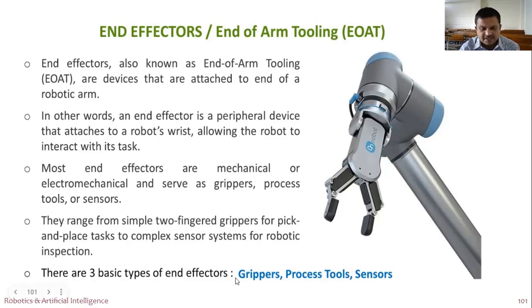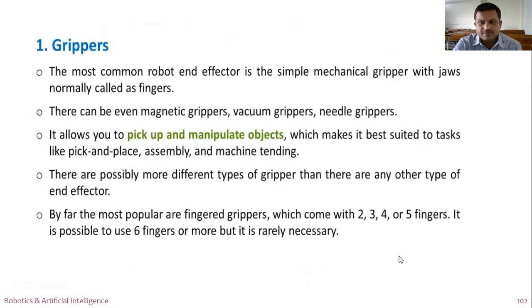There are three basic types of end effectors: grippers, process tools, and sensors. First is the gripper. The most common robot end effector is the simple mechanical gripper with jaws, normally called fingers. There can be even magnetic grippers, vacuum grippers, needle grippers. It allows you to pick up and manipulate objects, which makes it best suited to tasks like pick and place, assembly, and machine tending.